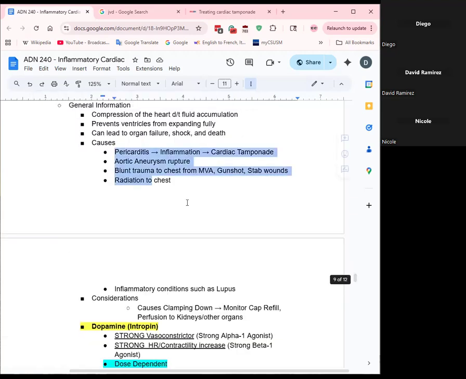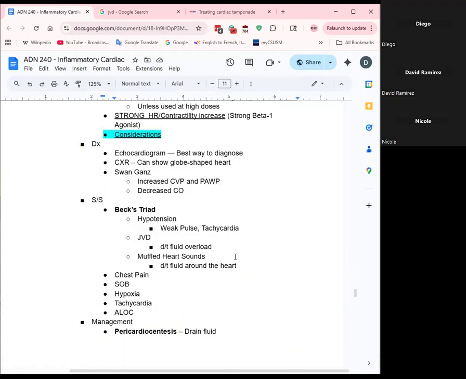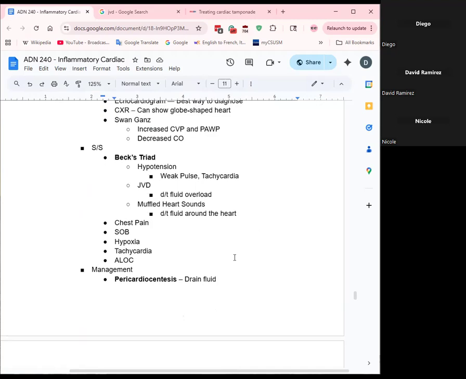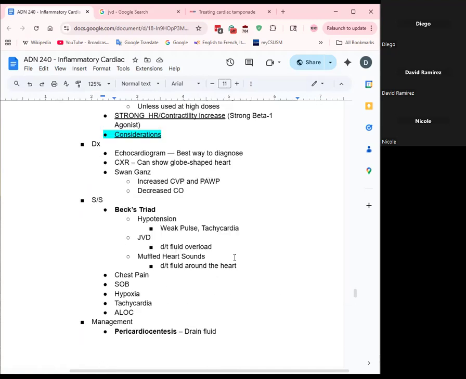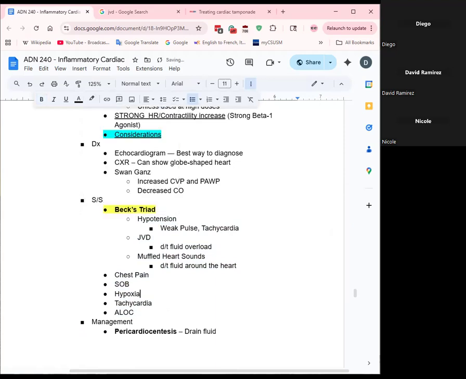So again, you're going to think about your context. Context is important. Again, you're going to focus on your Beck's triad for the signs and symptoms, and then some generic signs and symptoms.